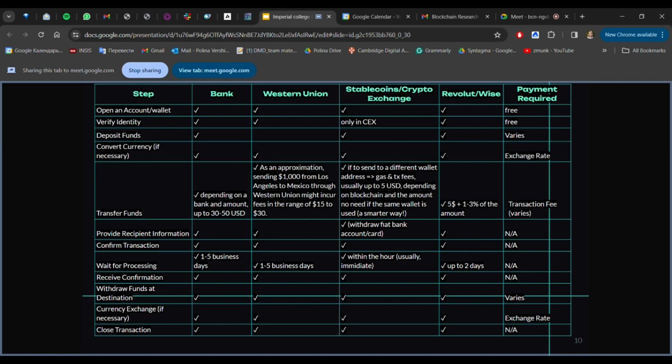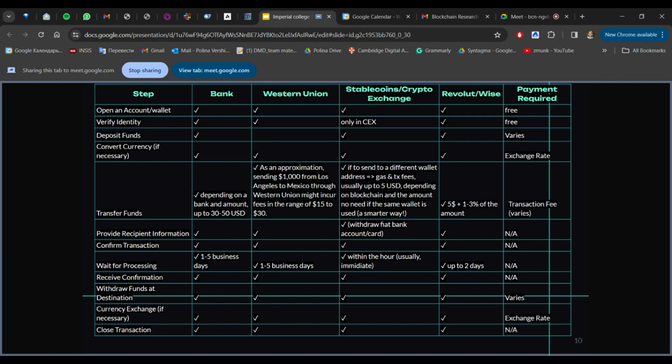This was not part of any papers. That was my personal research on the topic. I tried to understand how many steps an end user, not from the bank or payment system side, or DeFi protocol side, but from the end user side, usually goes through, or at least sees and interacts with.